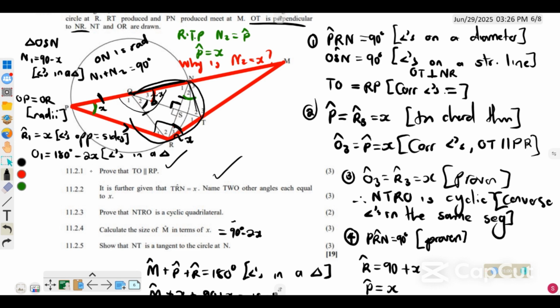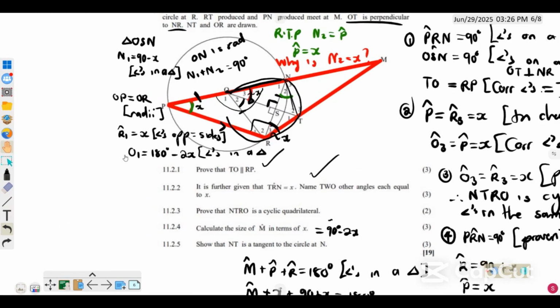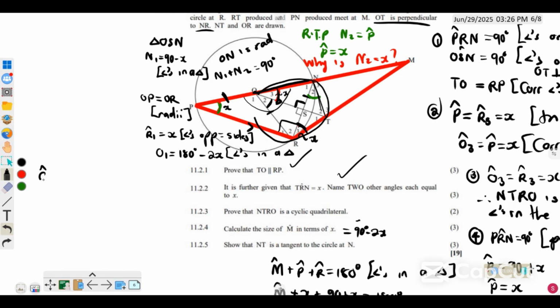So in this straight line right here, we can have angle O2, which will be equal to 180 degrees minus O1 plus O3. What is O1? O1 is 180 minus 2x. What is O3? O3 is x.